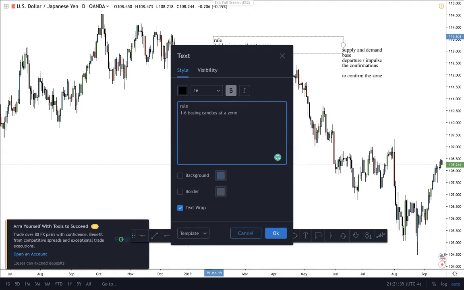Rule number 2 for the basing candles. The basing candle body has to be 50% or less of the entire candle, right?